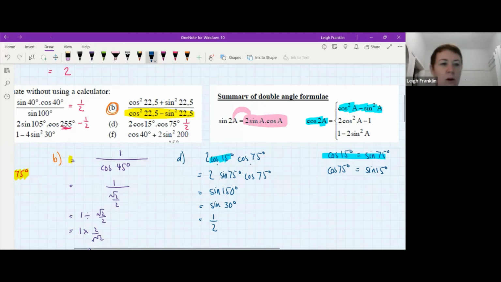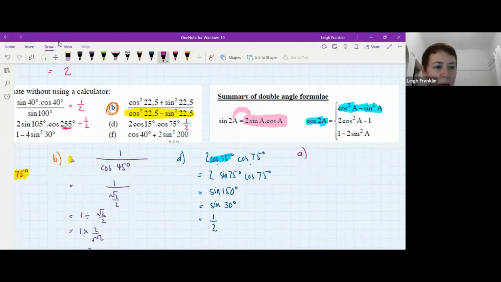Then the last one, number A. Let's do that one for you guys. A was sine 40 cos 40 over, at the bottom, sine 100.